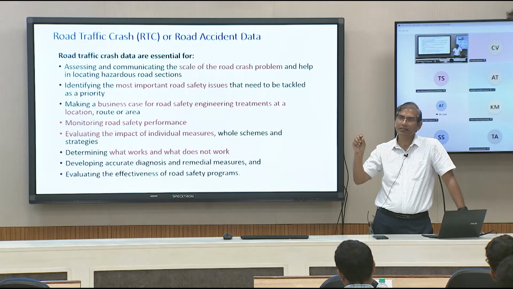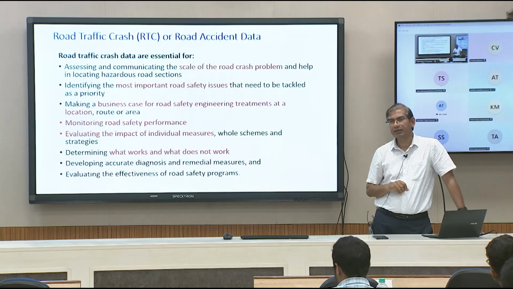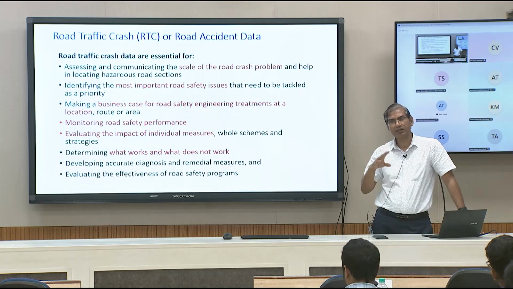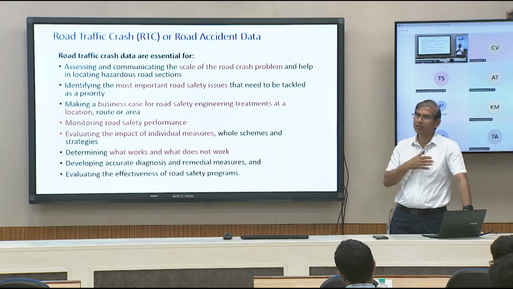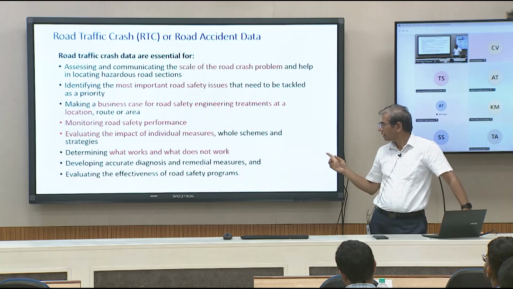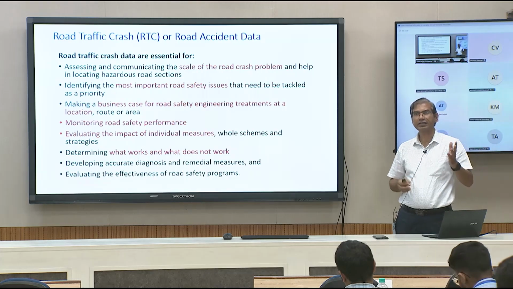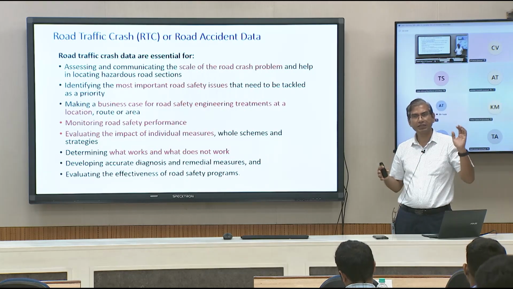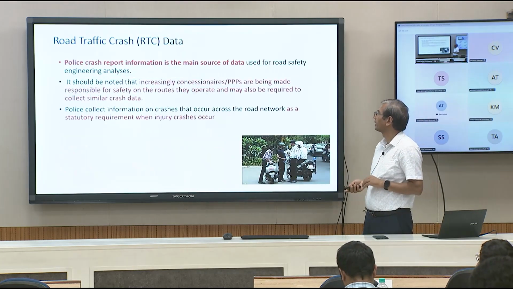If they are able to increase the enforcement at that time, they see a significant reduction in the number of accidents. Especially towards New Year Eve, drunken driving cases are heavily reported, and they were able to significantly reduce accidents due to drunken driving. So that is why authentic crash data will tell you whether the policy you are using is working effectively or not.